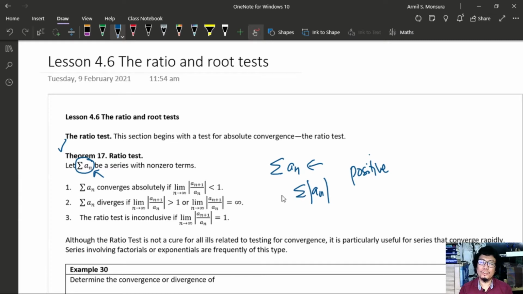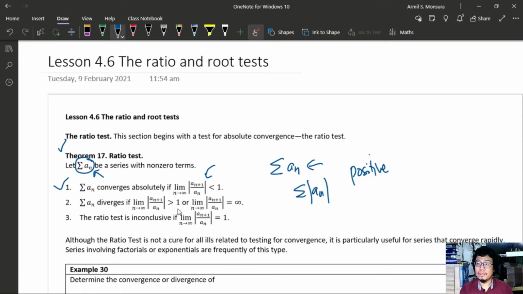Again, what is stipulated in Theorem 17 is that the sum of a_n converges absolutely if the limit of this ratio as n approaches infinity is less than 1. If the ratio of the succeeding term and the preceding term of a series is less than 1, then we say that the series converges.